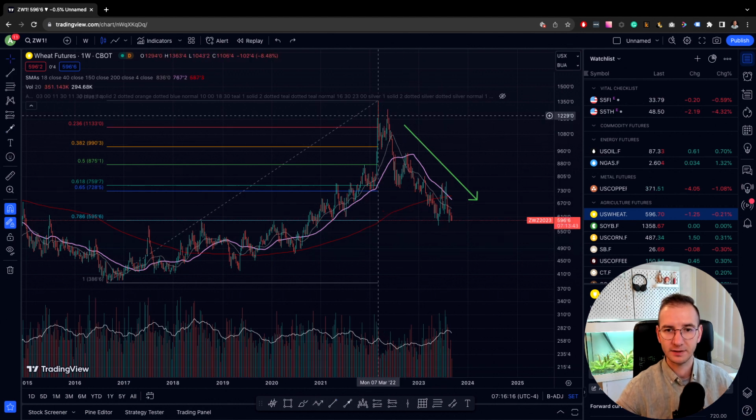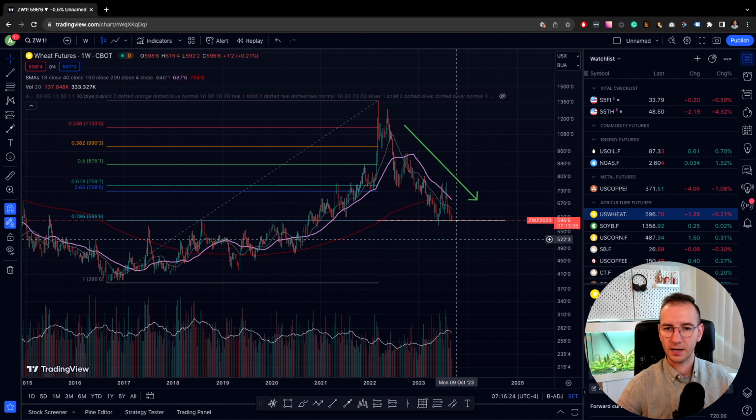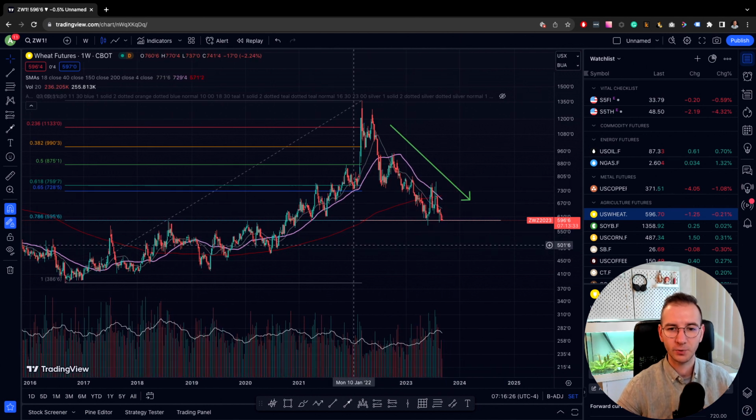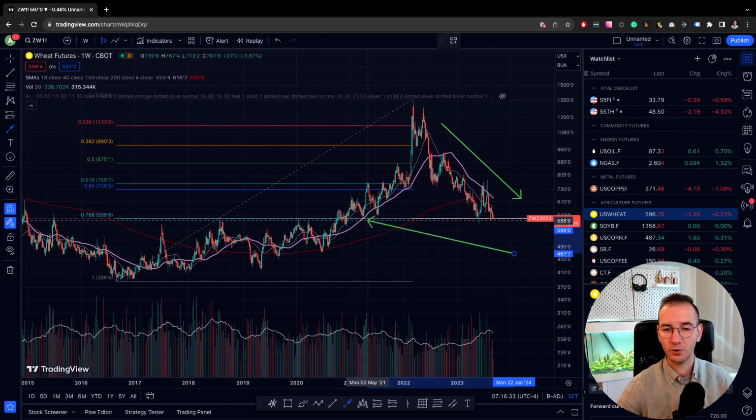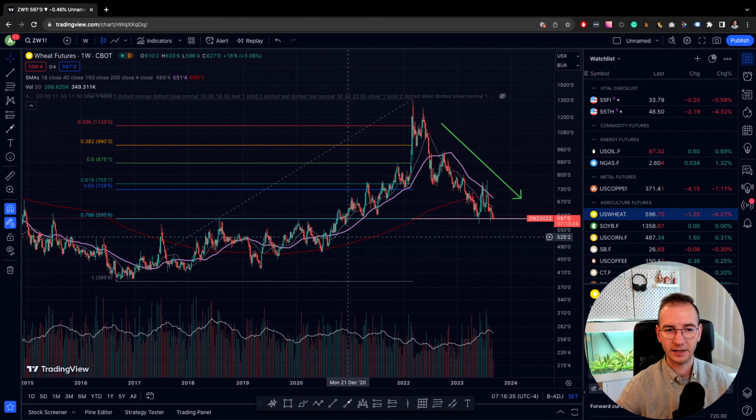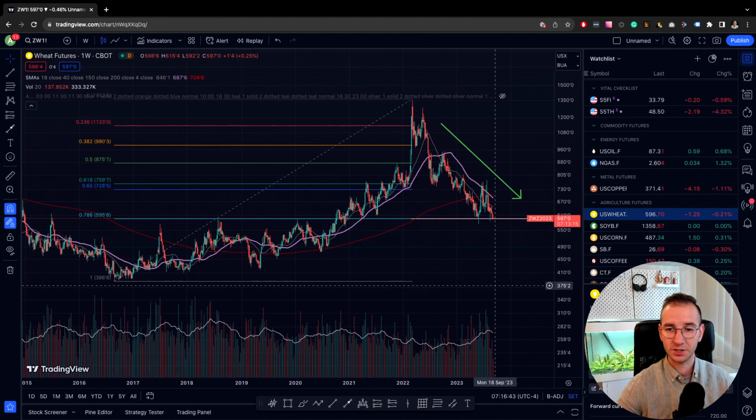So if we extend this fib to the right here, we can see that we have now retraced 78.6% of the way. So this ultimately becomes an extremely important level for us to watch, not only because of the fact that it was the previous level from which we've broken out, but also because for the weekly trend, this is a 78% retracement. So that means that any bulls would be looking at these places to potentially add.